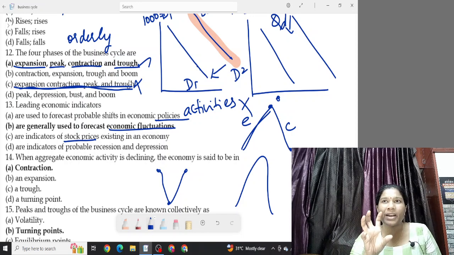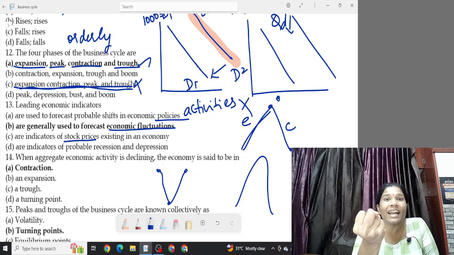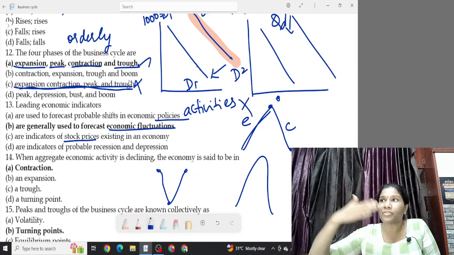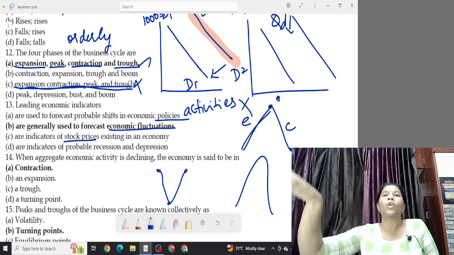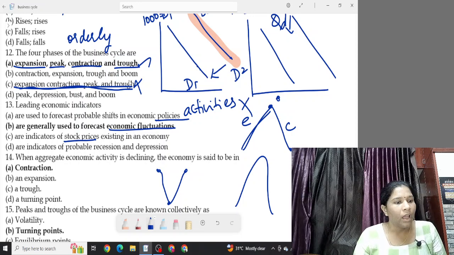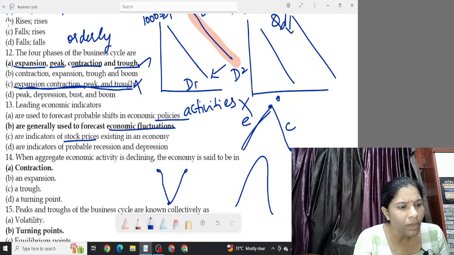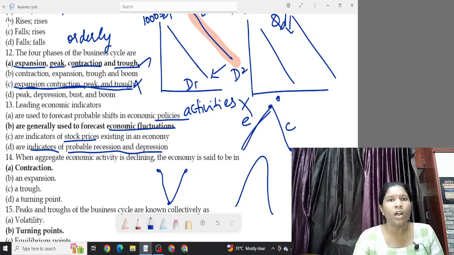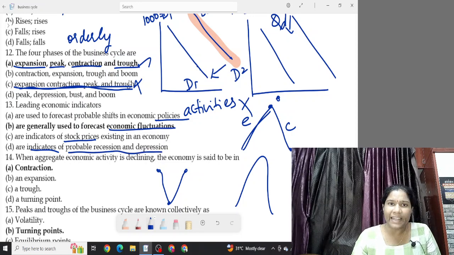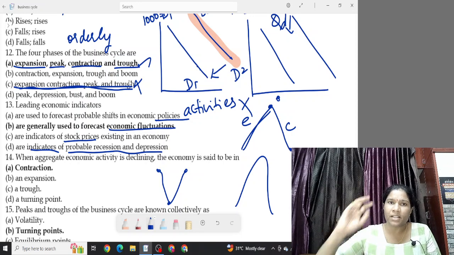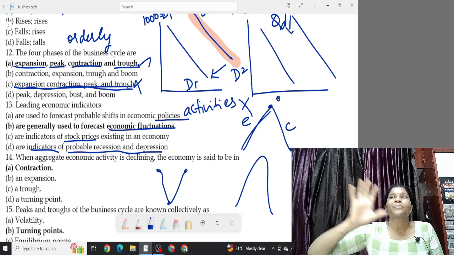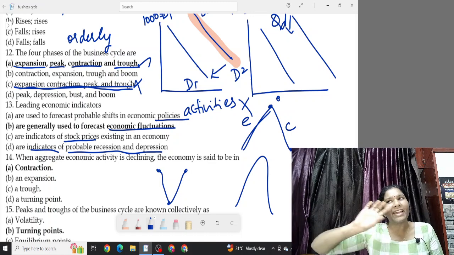So here stock price is a leading indicator saying that in future the economic performance of Tesla or of the country as a whole might go up or go down. Okay, so next one, the leading indicators are indicators of probable recession and depression. No, leading indicators will indicate the probable depression, recession, expansion, boom, everything, which means it is a common indicator for the economic fluctuations.